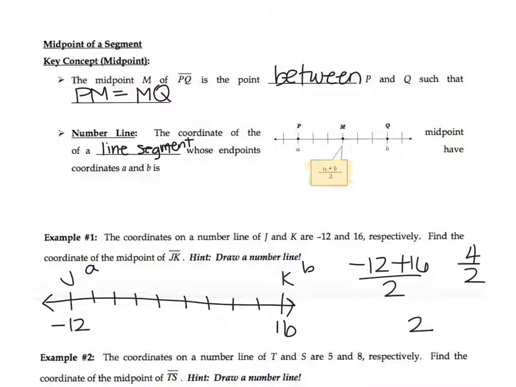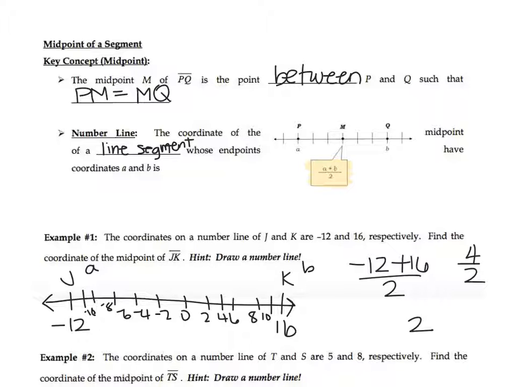So if I had every tick mark, let's go ahead and see. I don't have enough lines to count by 2s, so I'll add a couple more in here. So -10, -8, -6, -4, -2, 0, 2, 4, 6, 8, 10.